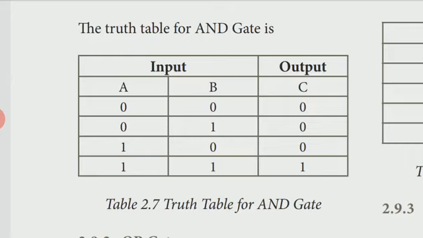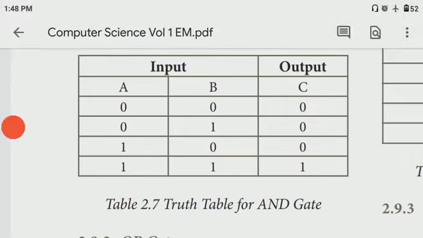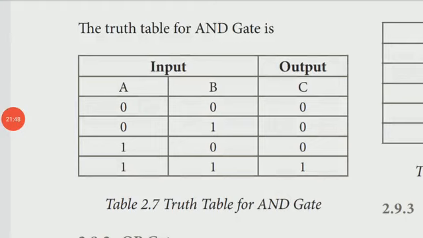Here they gave two inputs. So, the number of input values becomes 4. The number of inputs is 2, the number of values is 4. How does it become 4? Because we take 2 power the number of inputs.